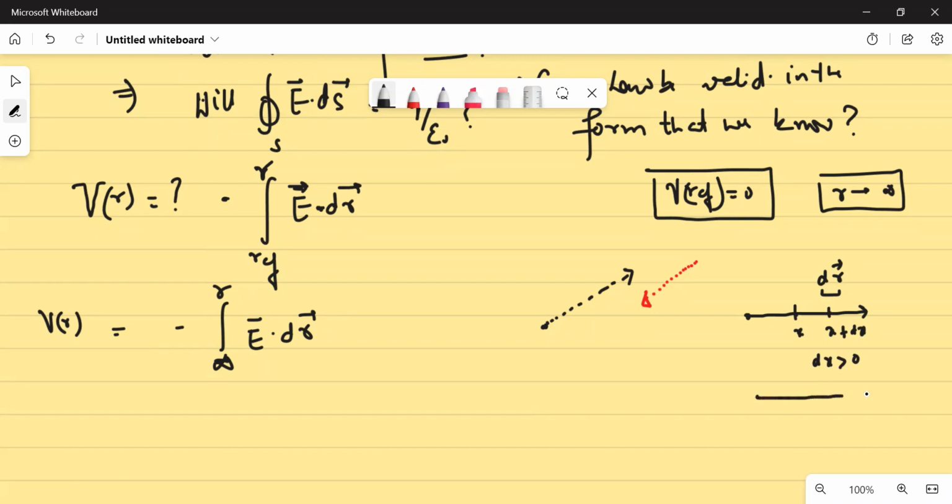Now, if you want to come from here to here, you are now moving towards the origin. If you move towards the origin, your dx would be negative, because only if you decrement can you move towards the origin.